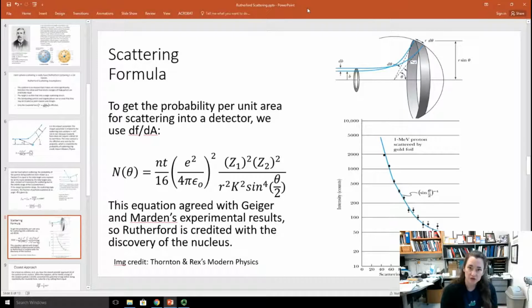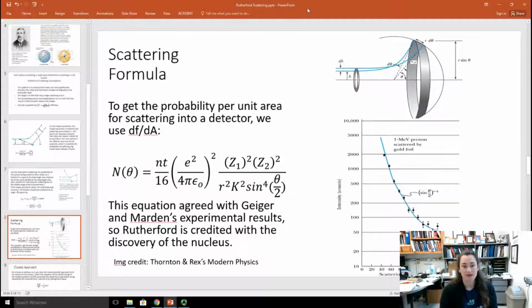And that Rutherford scattering formula presented here is N(θ) equals N_i n t over 16, e squared over 4π ε₀ squared, Z₁ squared Z₂ squared divided by r squared K squared sine to the fourth θ over 2. Okay? Now here, yet again, θ is that scattering angle, and r is going to give you the distance from your target to your detector.